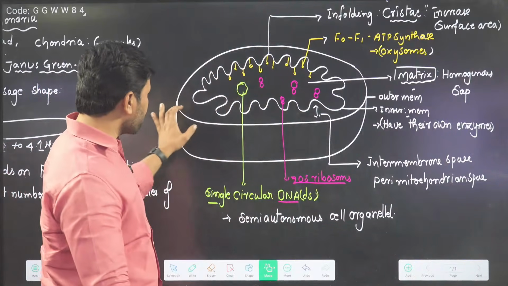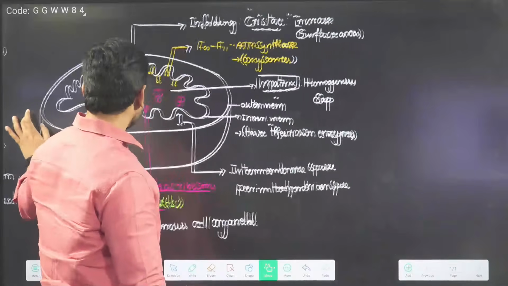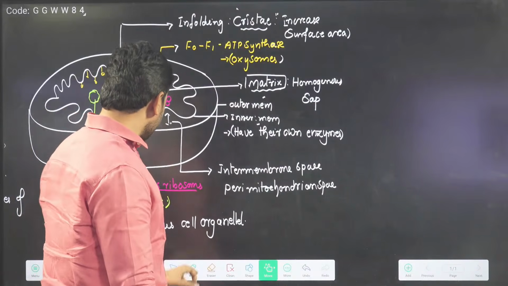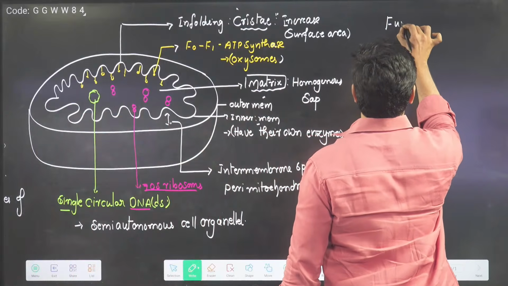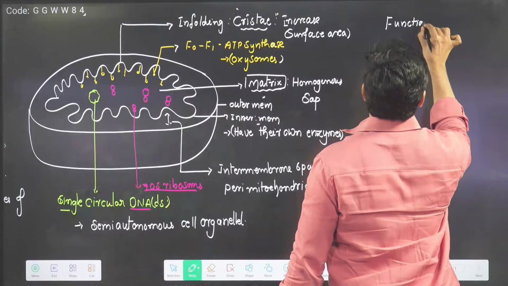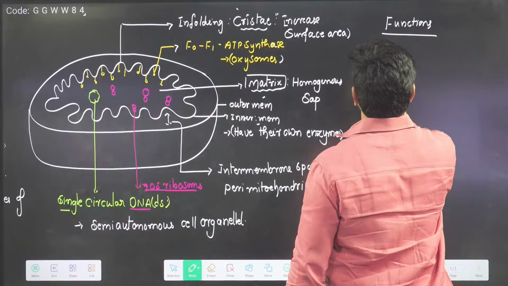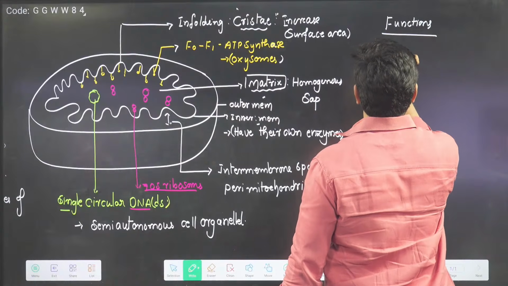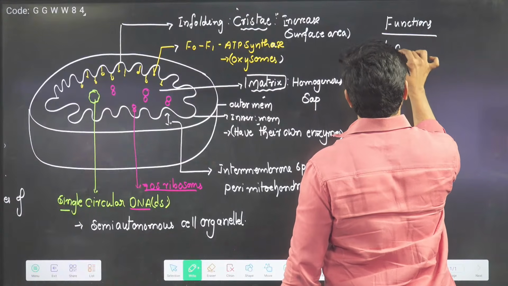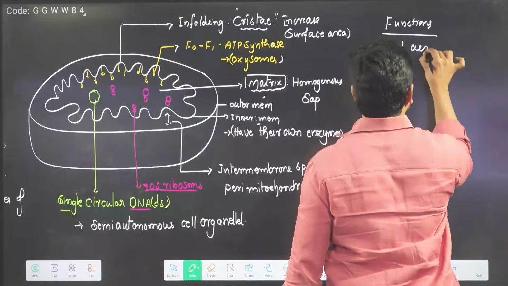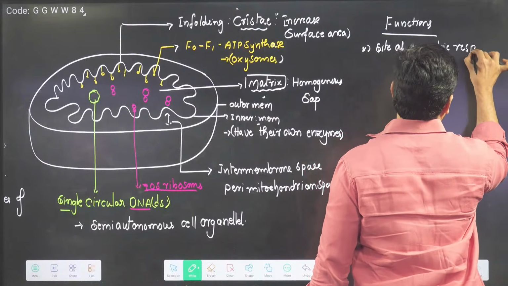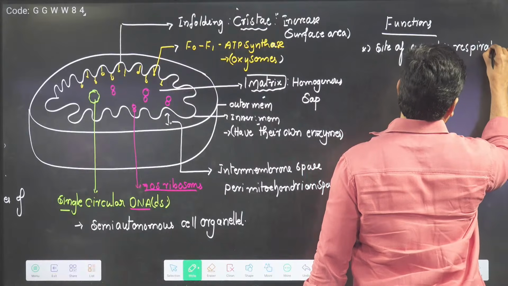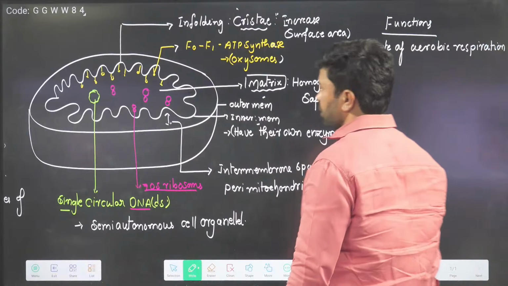Then go to what are the functions of mitochondria. You can list out the functions of mitochondria over there. First one, it is the site of aerobic respiration. Why are you saying it is the site of aerobic respiration?